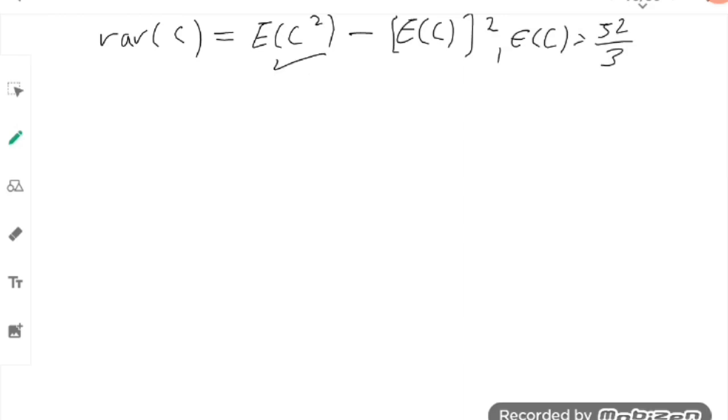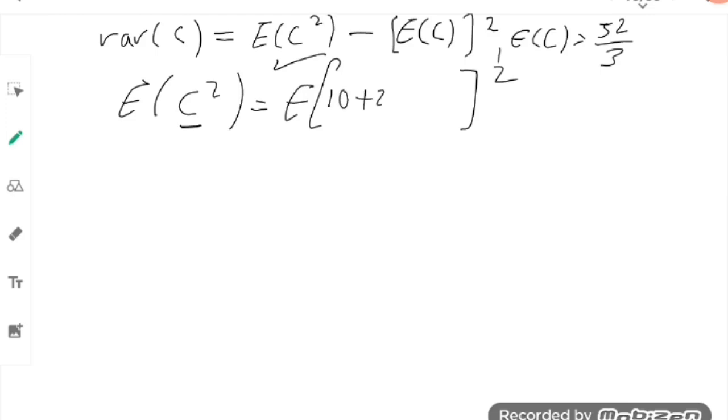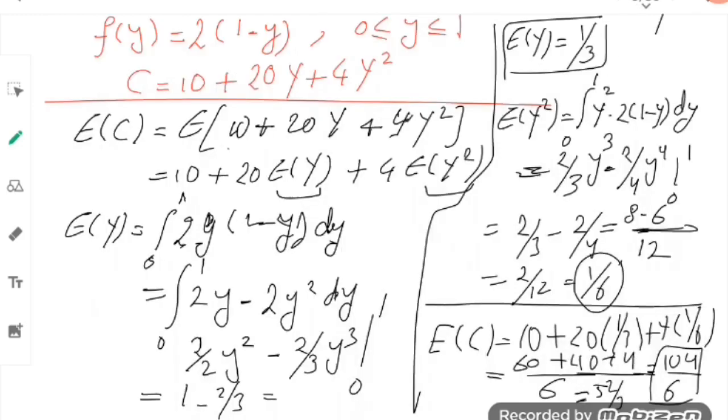Expected value of C to the power 2 equals the expected value of, substituting here for the value of C in terms of y, this is 10 plus 20y plus 4y to the power 2.